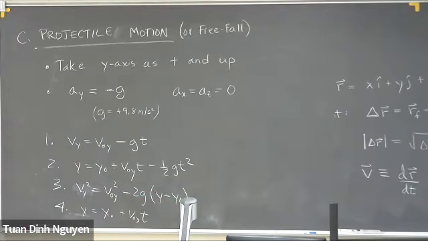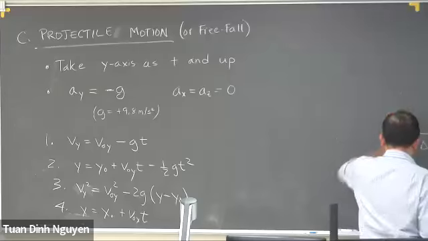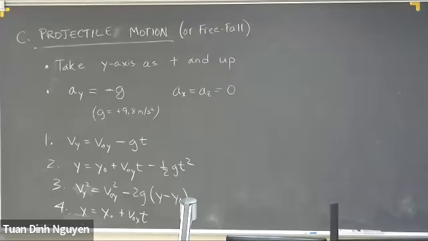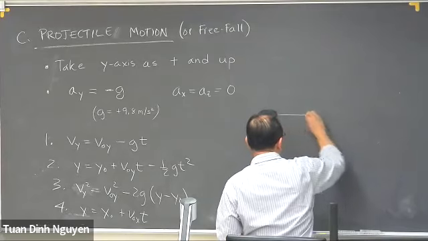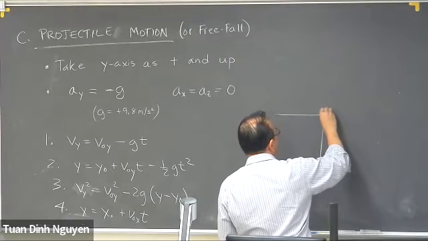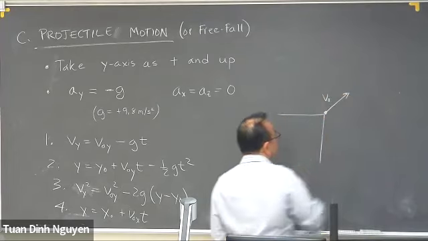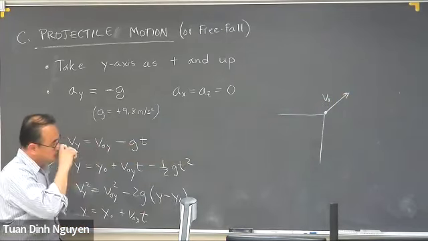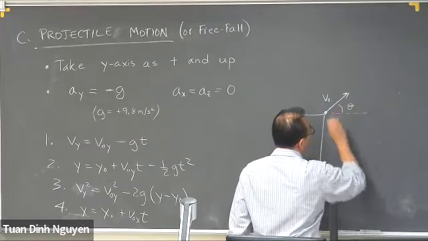So standard procedure, it can be launched from a flat ground or from a cliff. There would be an initial velocity. They would probably give you an angle, right?